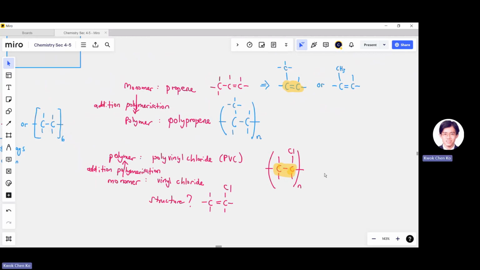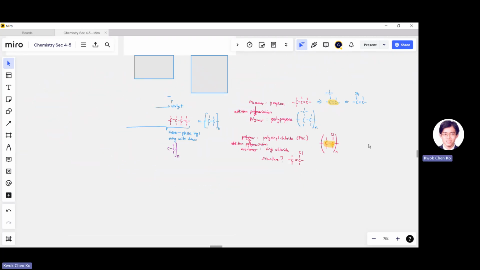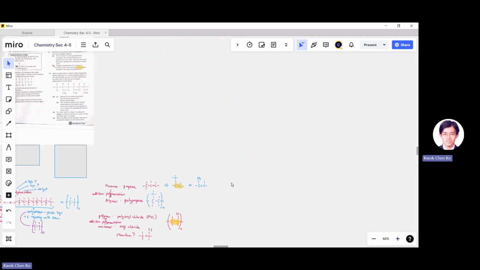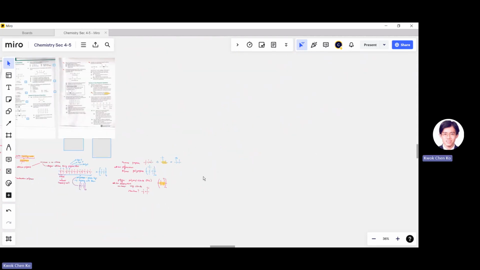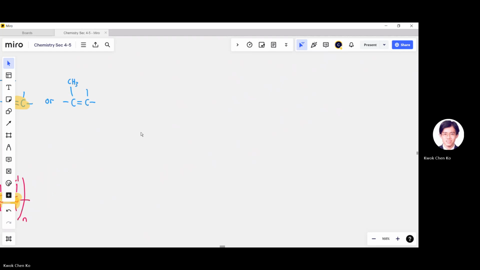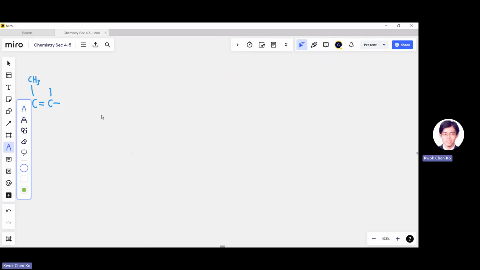But of course, they may teach you something a lot more complicated, like this. Now, imagine the exam, they give you this monomer, the single unit, it looks like this. No need to know the name. But actually, you should know the name already.